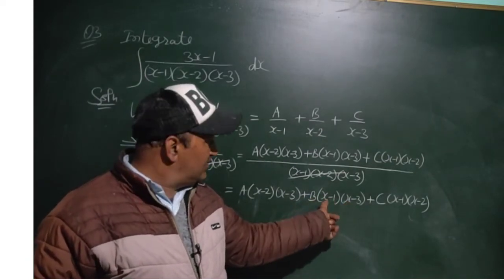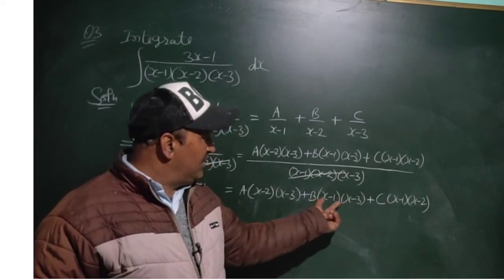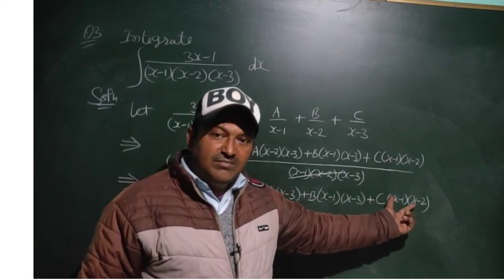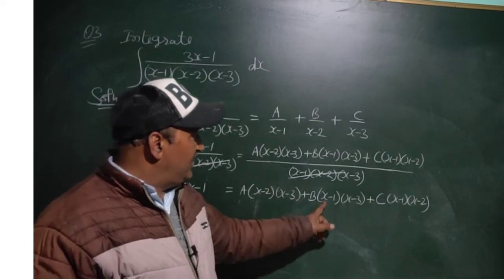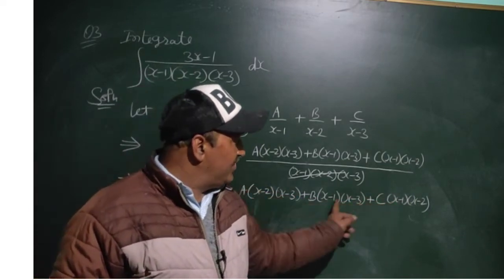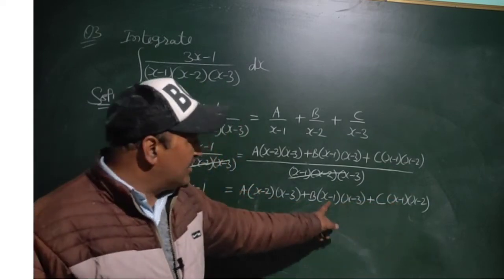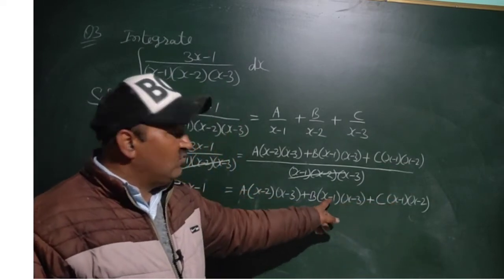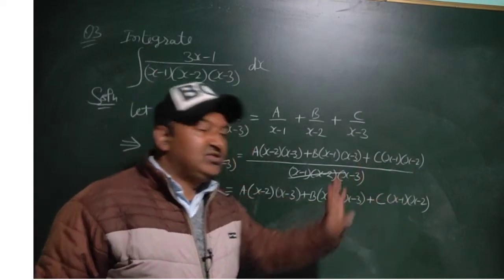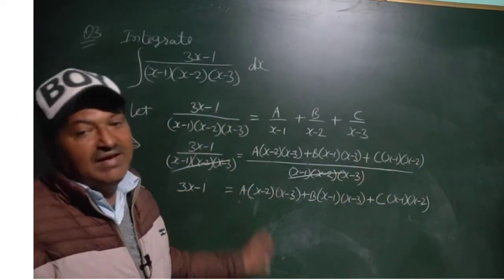After putting x is equal to 1 here, we will get B into 0 and also C into 0, because x minus 1 is a factor in the coefficients of B and C. Therefore, it becomes 0, and we will get the value of A.